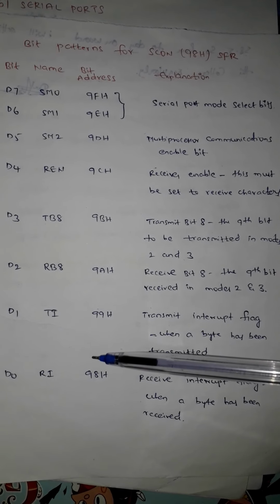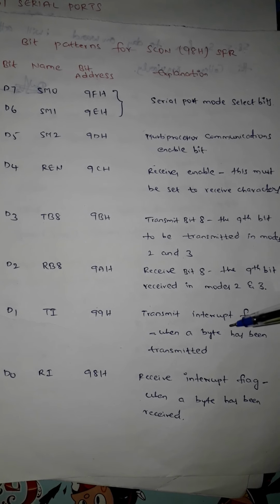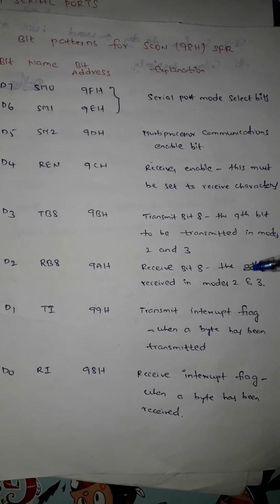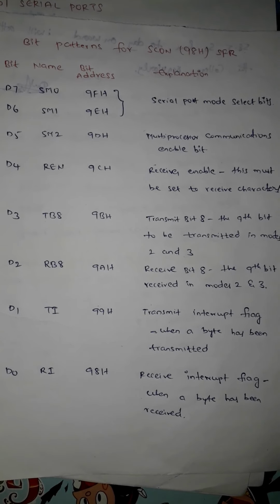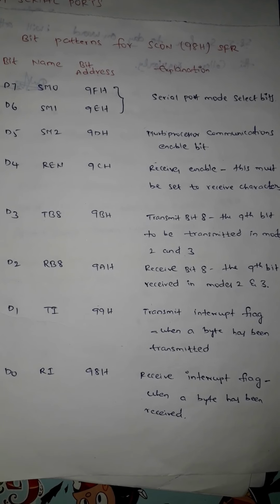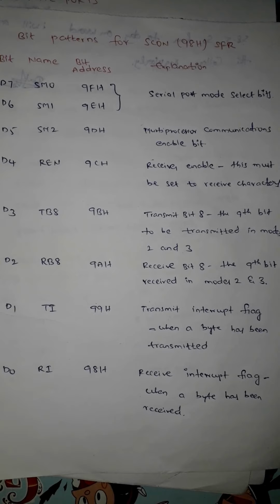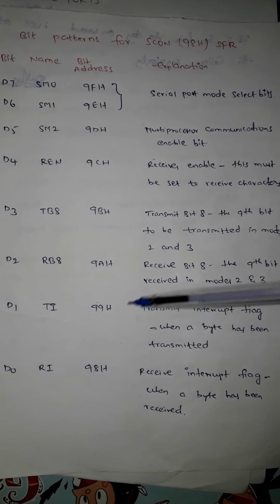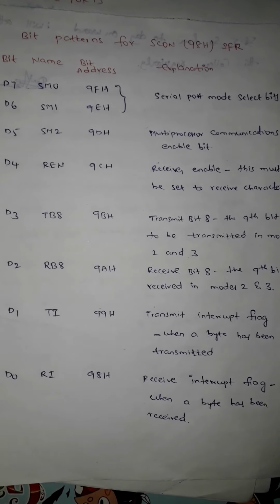Whereas if the RI bit, that is the D0 bit, is set to 1, that means the receive interrupt flag is set. That means data has been received completely, and it is ready to receive another data. If this bit is set to 1, then it reads the data from the serial buffer register.